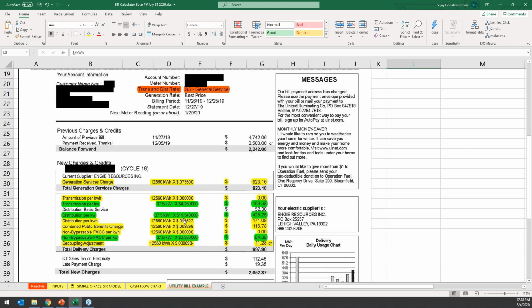Distribution per kilowatt hour is about 1.36 cents a kilowatt hour. There's a combined public benefits charge of about 0.93 cents per kilowatt hour. And there's a non-bypassable FMCC per kilowatt hour charge that is not applicable for this bill. And then finally, a decoupling adjustment that's actually a credit of about 0.089 cents a kilowatt hour.